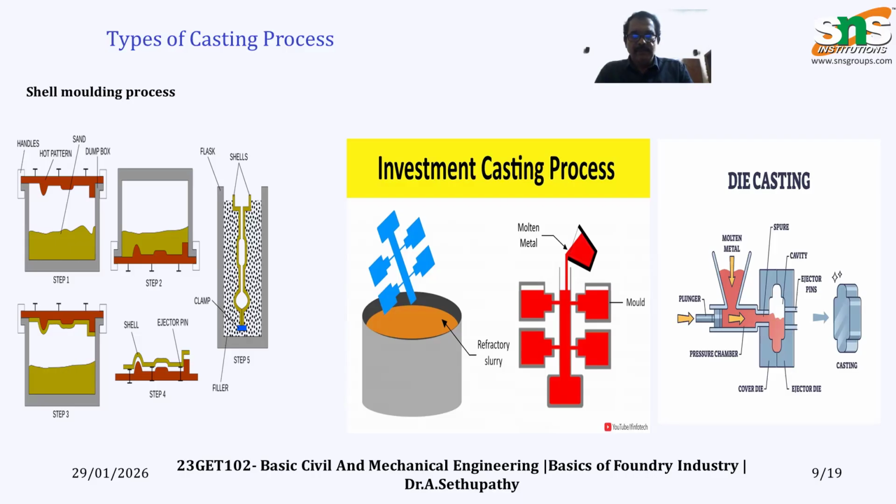For impellers, the void areas are filled with ceramic material. These ceramic materials are removed using water jets or other water treatment processes, and then we get the desired shape of the casting.